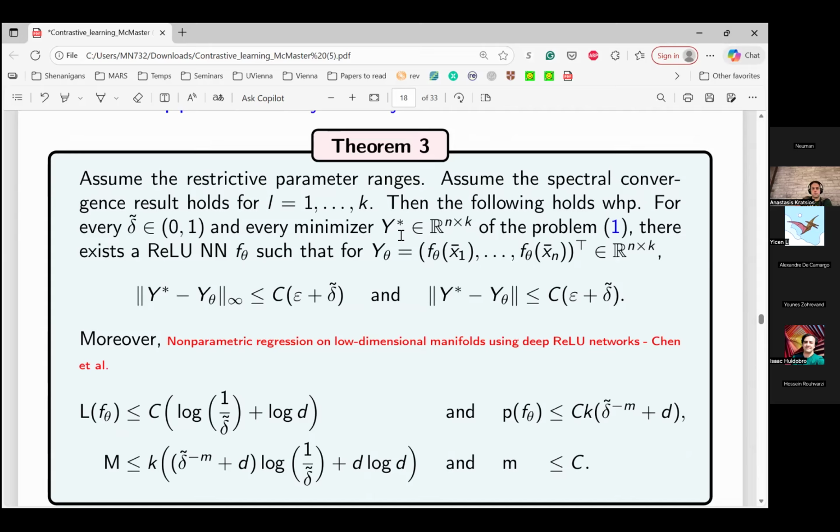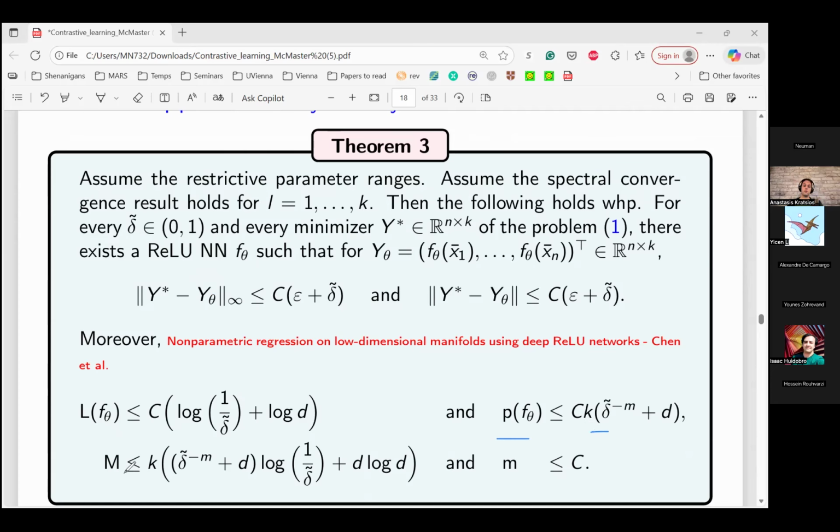We're saying that for the first k eigenvectors of the minimization problem, there exists a ReLU neural network that approximates that. Here tilde delta is the free extra parameter that you can tune. But the idea is that the number of layers of the neural network is quantifiable, the upper bound of that is quantifiable, and the width of the neural network is also quantifiable.